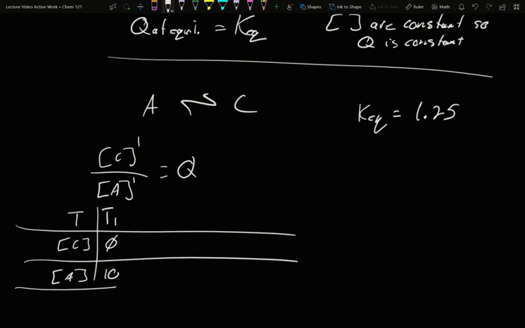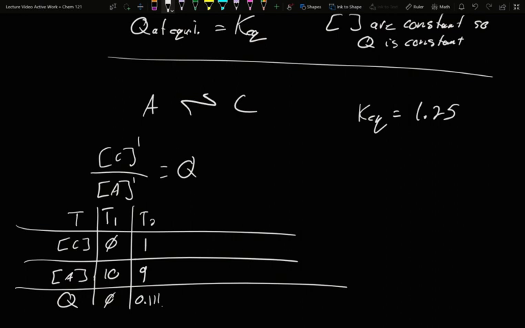So Q right then would be nothing. But a little while later, I have removed some starting material and I've created some product. Well, 1 divided by 9 gives us a 0.111 for Q.